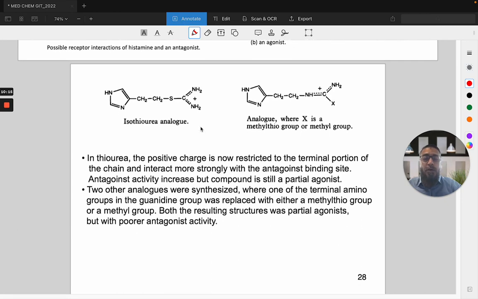Two other analogs were also synthesized, in which this guanidine group was replaced with a methyl thio group or a methyl group. But modification at this site leads to partial agonist but poor antagonist activity. But they found that modifying the terminal part of the histamine leads to antagonist activity.